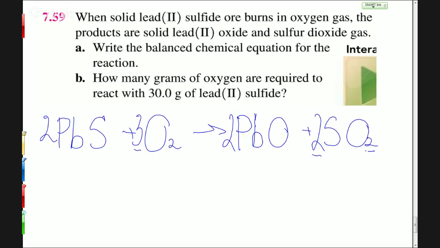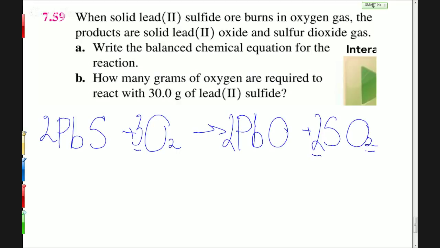Yeah, so the charge, lead 2 sulfide, lead with the 2 in parentheses, means that it's a 2+ ion. So if it's a +2 ion, we know sulfide being in column 6 makes a 2- ion. So you've got 2+, 2-, one of each makes 0. So you just stick them together and make a compound.